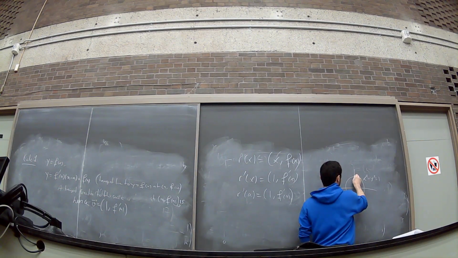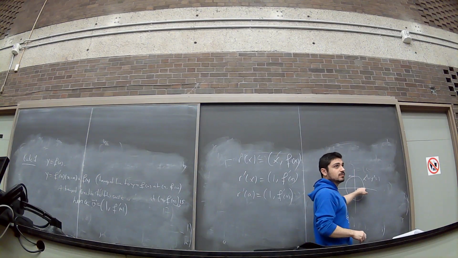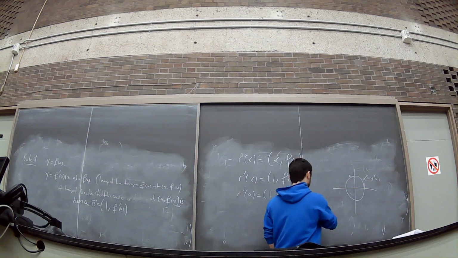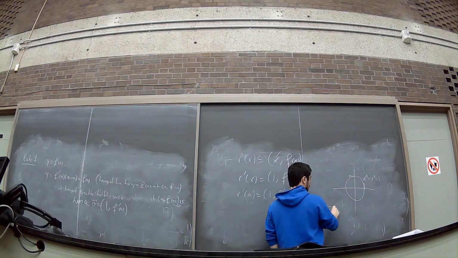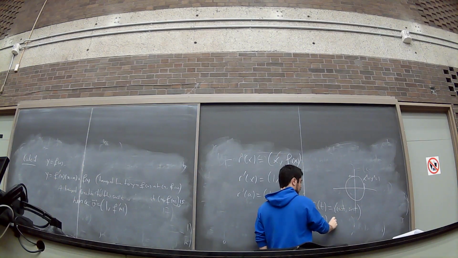You expect it to be horizontal, right? And at this point you expect it to be vertical. So I parameterize the circle. r(t) is (cos t, sin t). Great. What is r prime of t?